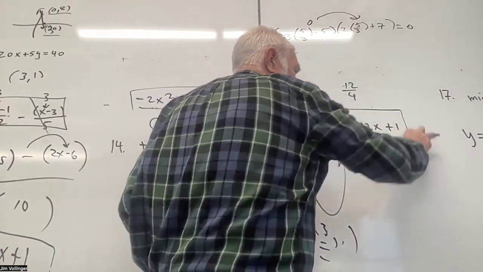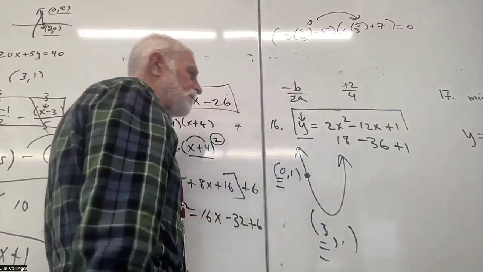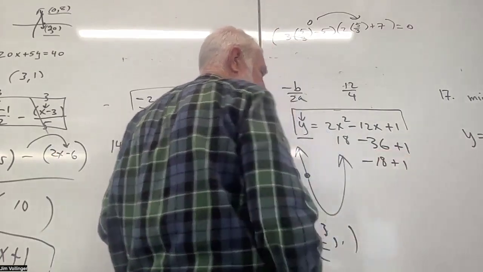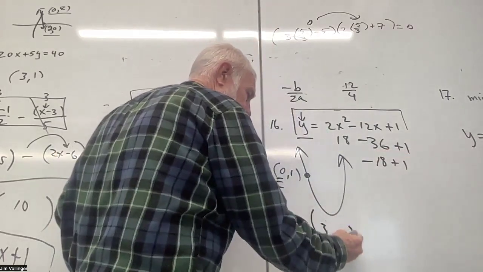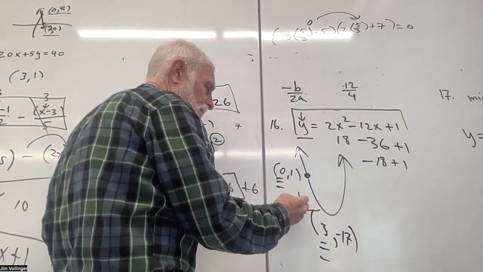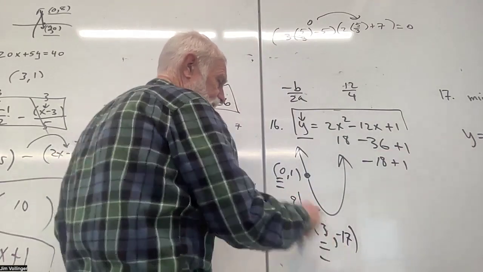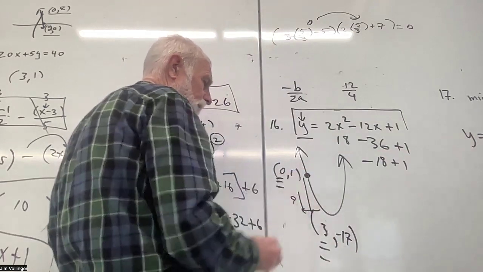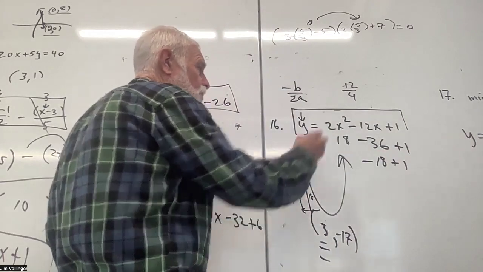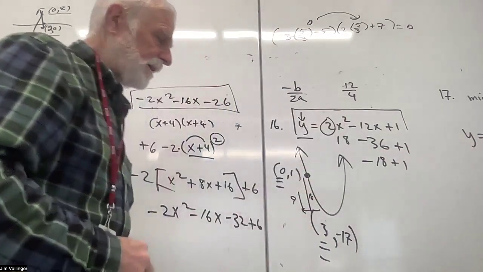And there's various reasons for that, and playlists in the quadratic talk about that. So this becomes -18 plus 1, which is -17. And I'll check that out real quick by moving 3 units to the left and squaring, going up 9. But -17 to 1 is up 18. And I think that differential divided by that one gets me 2. Okay, so I didn't make any mistakes.